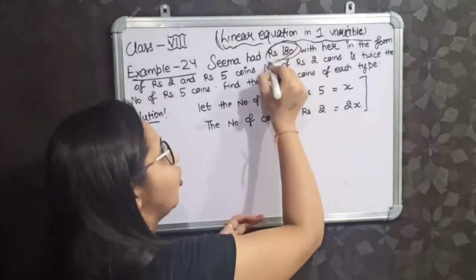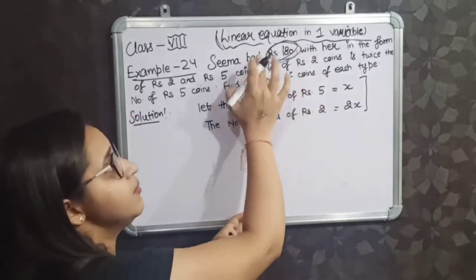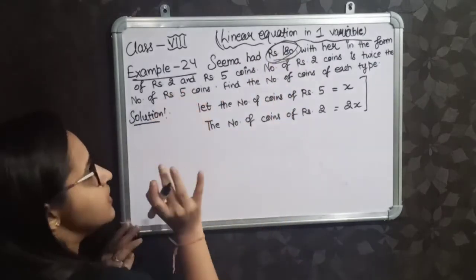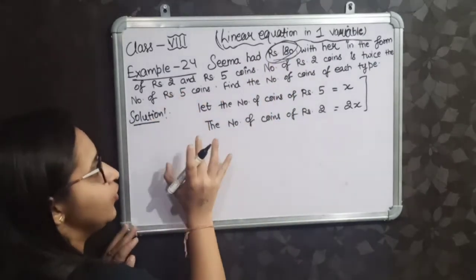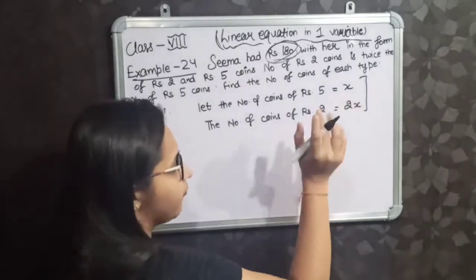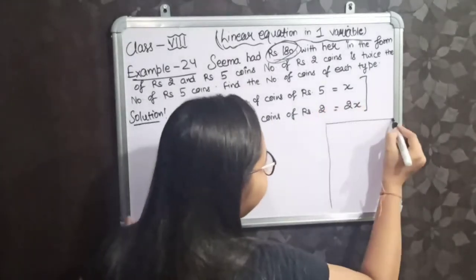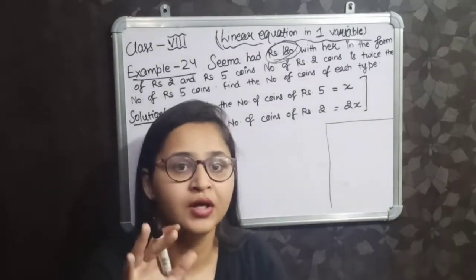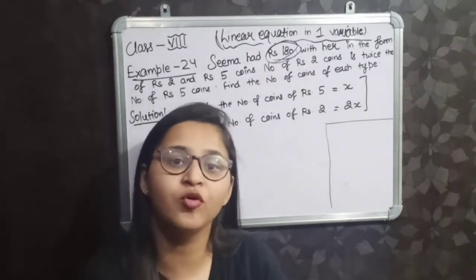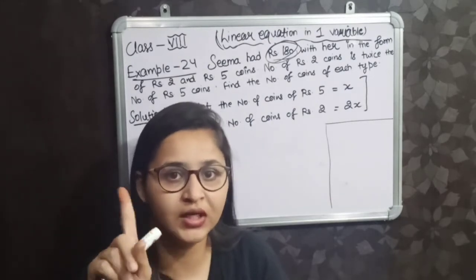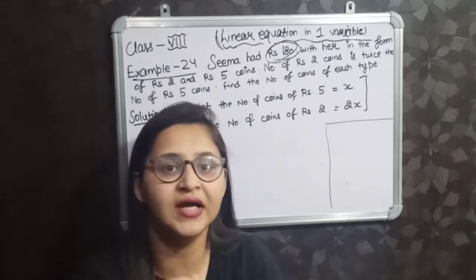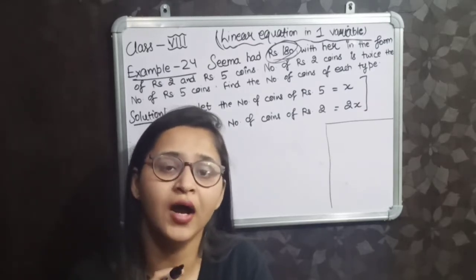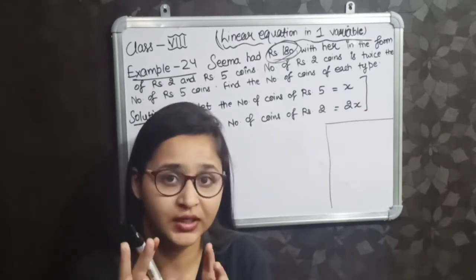Now, it says that Seema had 180 rupees. It means the total amount that Seema has is 180 rupees. Now, what will you do? For a simple example, if you have 5 coins of rupees 2, each coin is rupees 2 and you have 5 coins, how much amount will you have? 10 rupees.